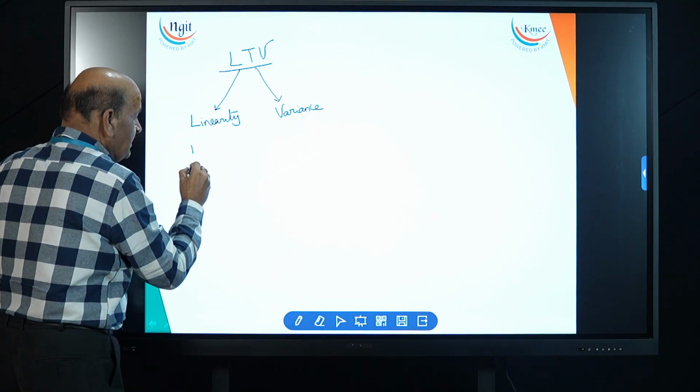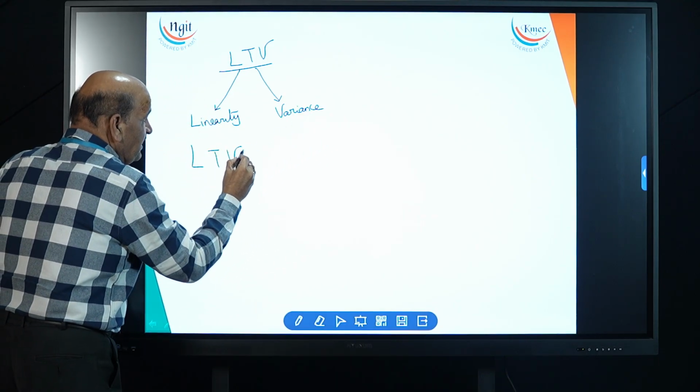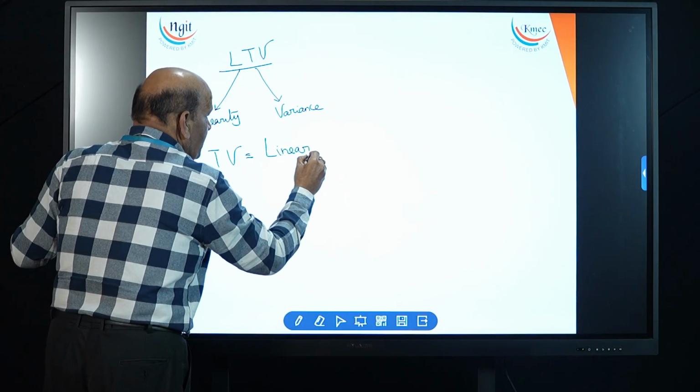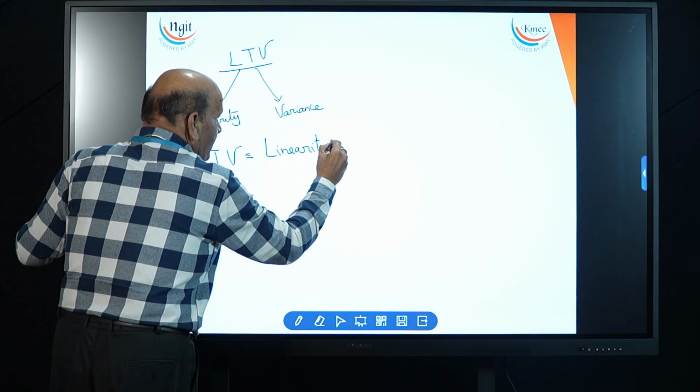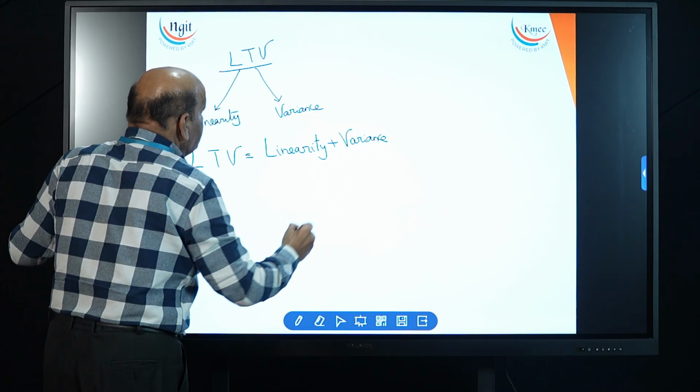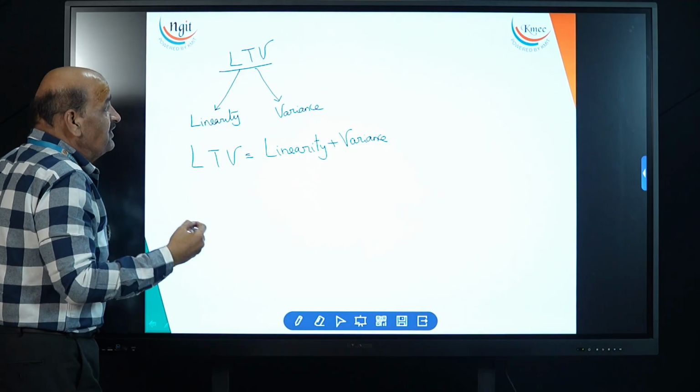That means a linear time variant system is a hybrid system, a combination of the linearity property plus the variance property. That is called a linear time variant system.